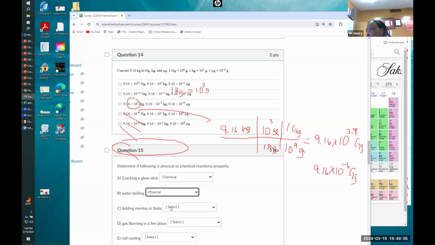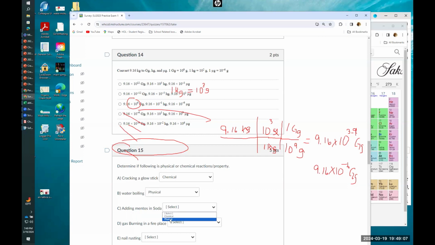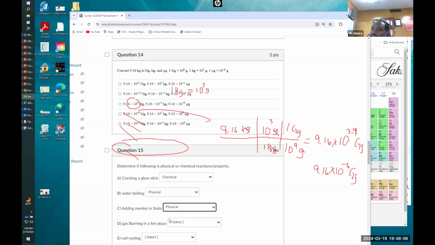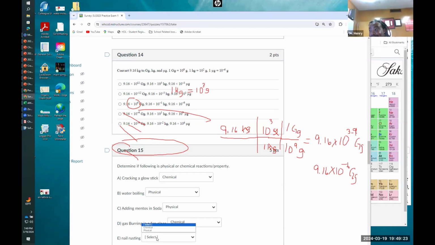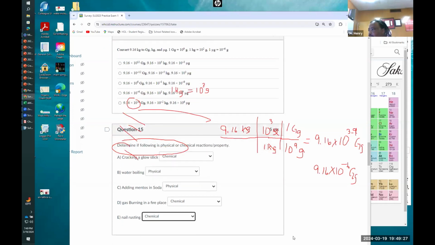Adding Mentos to soda: chemical. It's actually physical. So all you're doing is allowing a surface area for the gas to escape. Okay. Rusty nail: chemical. That's right. Okay.